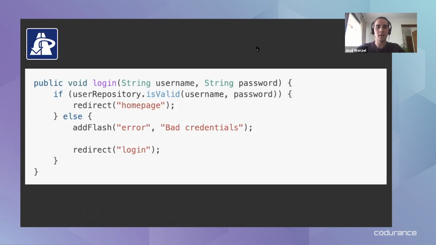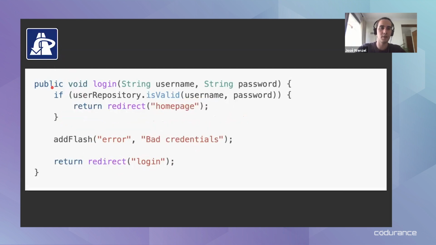All right, so early returns. In this particular one, we have a login method which does: if the user is valid, then you will redirect to the home page, and if it doesn't, then it will throw some error of bad credentials, and then it will redirect to the login.